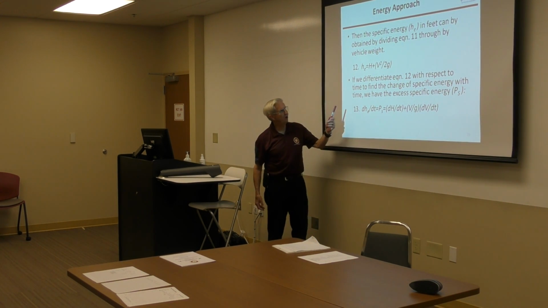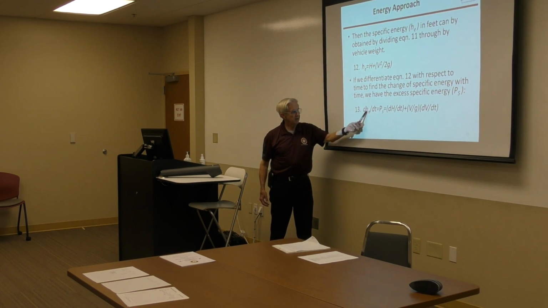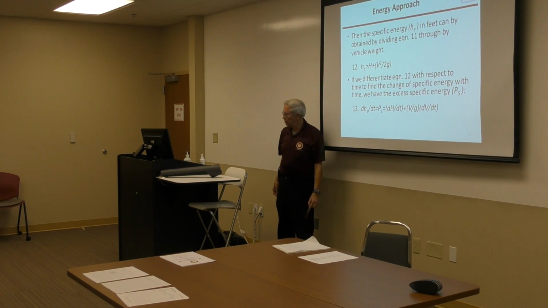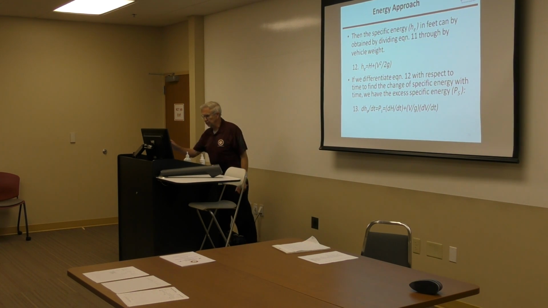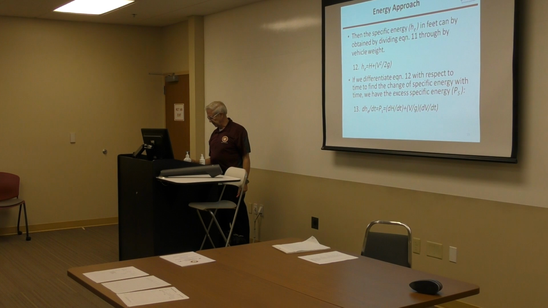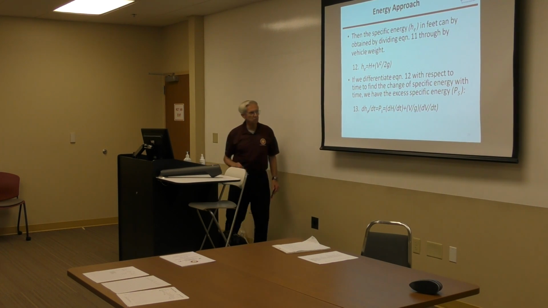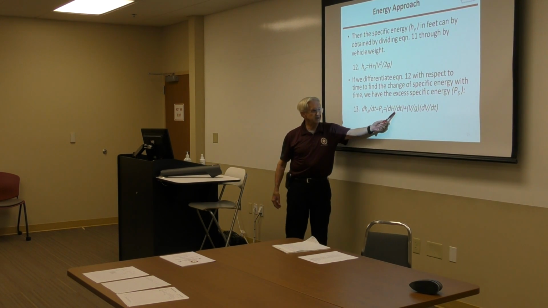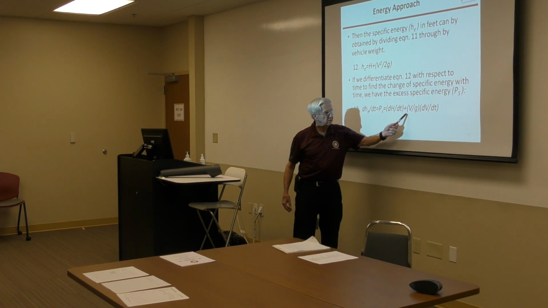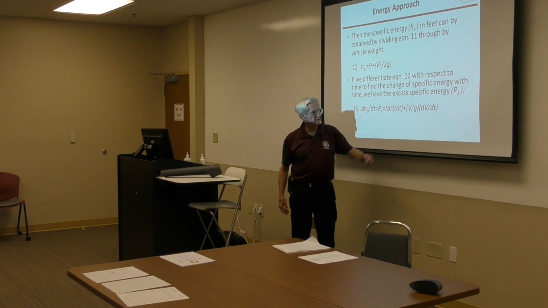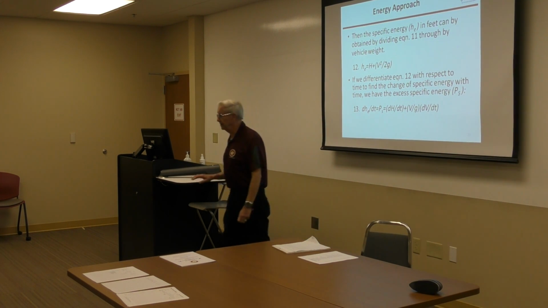And then if we differentiate that with respect to time, dh_e/dt, we end up with this term we call excess specific energy, P sub s. And notice that P sub s is just equal to dh/dt, we know that's rate of climb, plus v over g times dv/dt, which is the acceleration term.